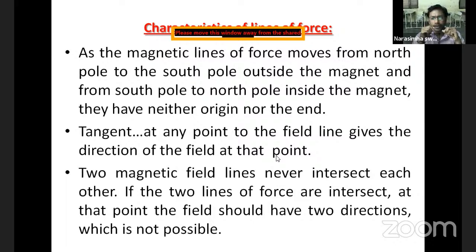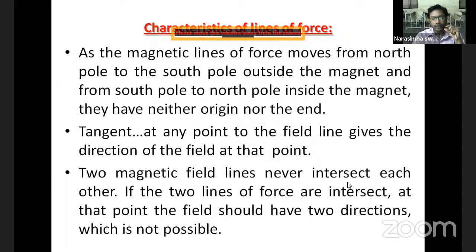The two magnetic field lines never intersect each other. If two lines of force intersected at a point, then the field would have two directions, which is not possible. This point is very important.